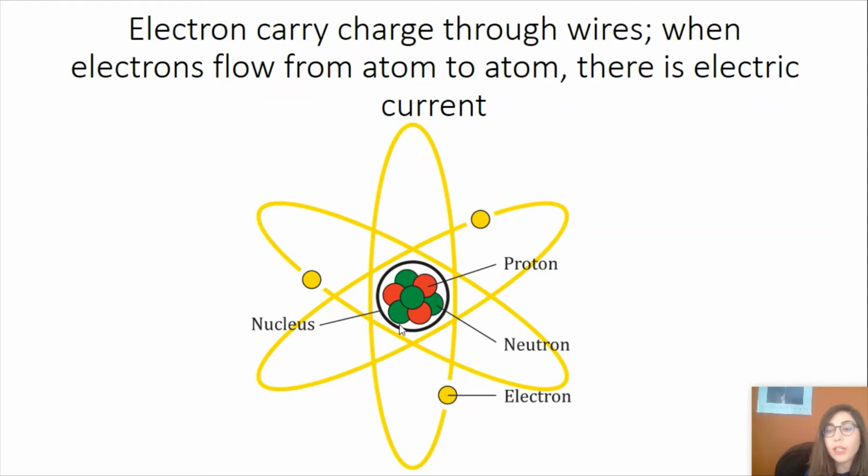So if you have more electrons, your atom has a more negative charge. If you have fewer electrons and there are more protons than there are electrons, then your atom has a positive charge. So electrons carry charge through wires, and when electrons flow from atom to atom, you have electric current.